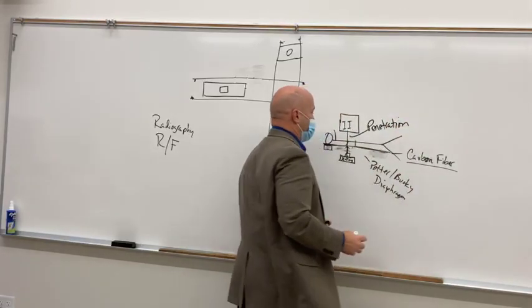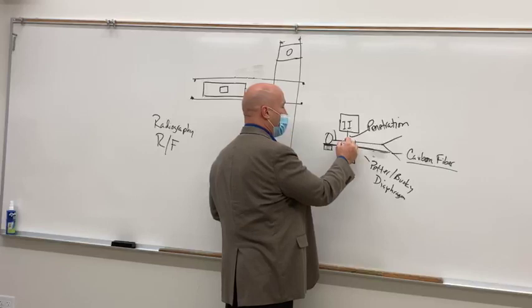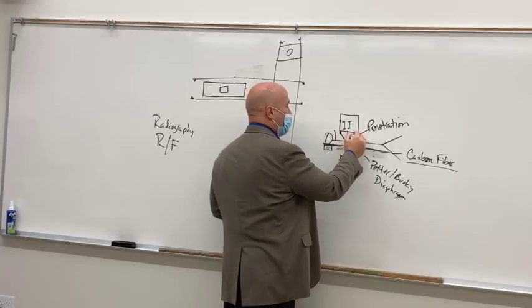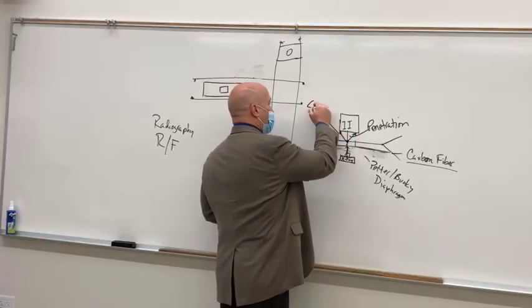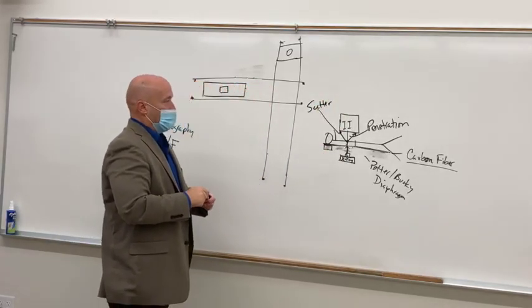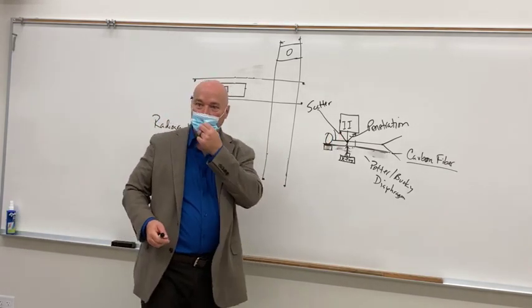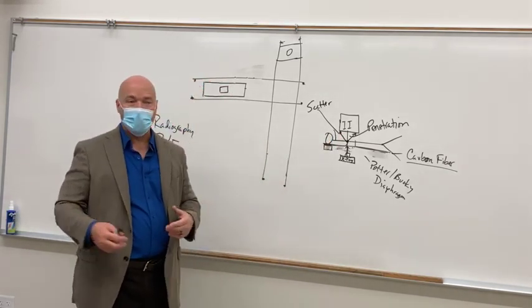Some penetrated x-rays are going to interact. So they're going to hit something, they're going to go off in an unintended direction, and that is what we call scatter radiation. And there's two different types of scatter. There is what we generally think of scatter as that right there, and that is what we call Compton scatter radiation.